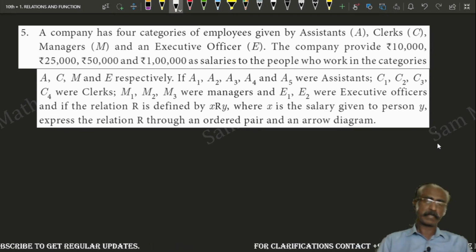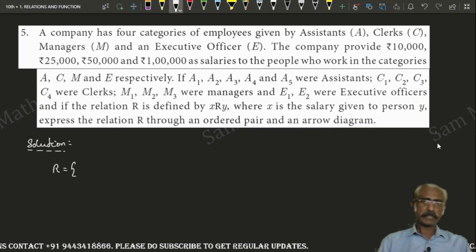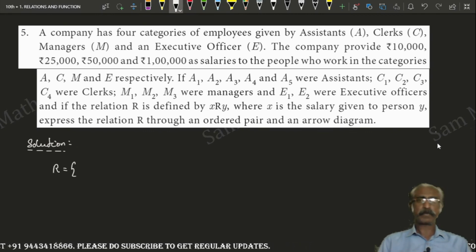First, we can write the solution. From the data, we can write the ordered pairs of the relation. So the relation is equal to what you can write.